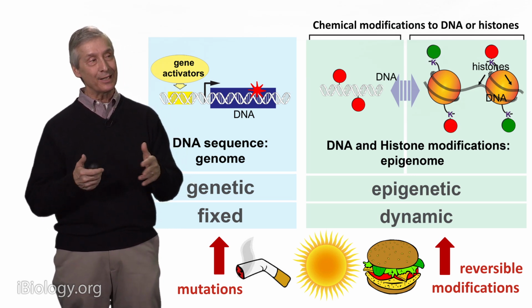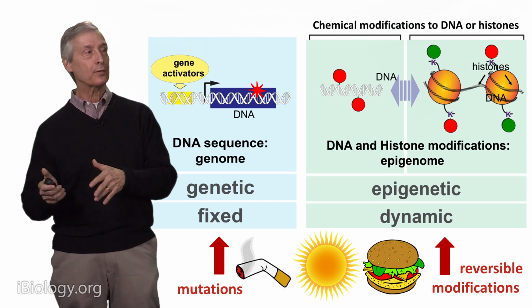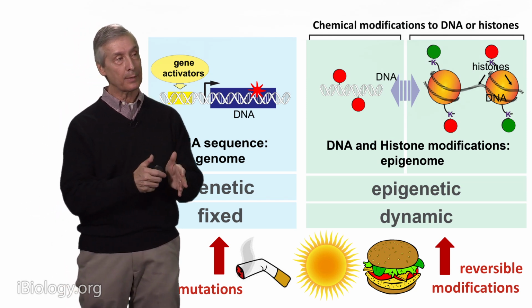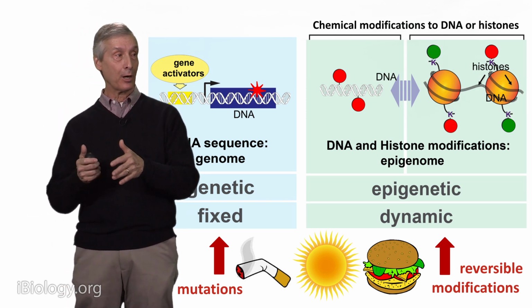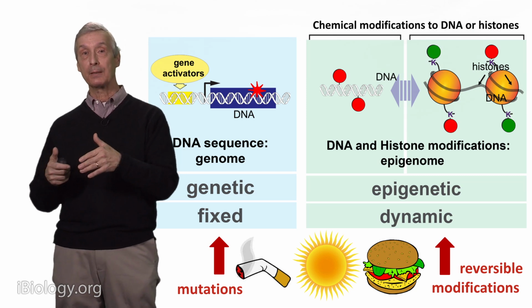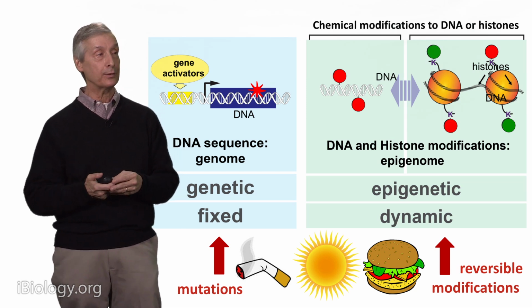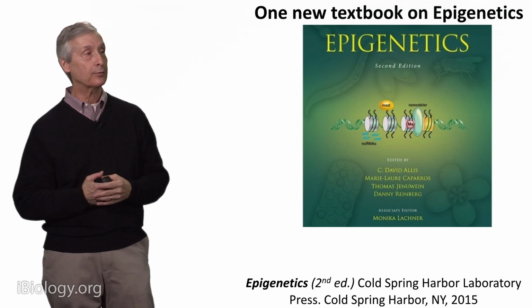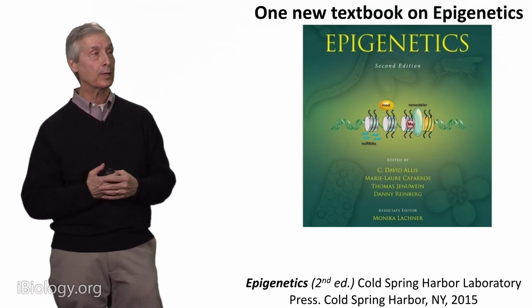The interplay of different modifications of histones and different modifications of DNA are reversible, and that's the hope. We can maybe then reprogram and get around these mistakes that are causing some of these disorders.